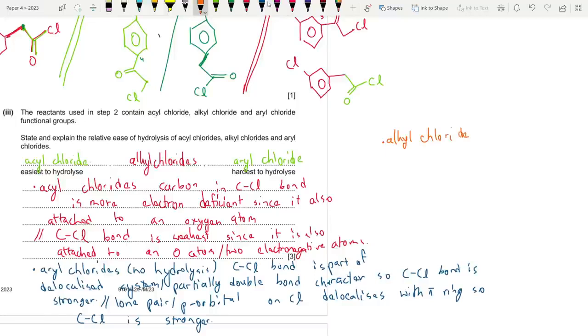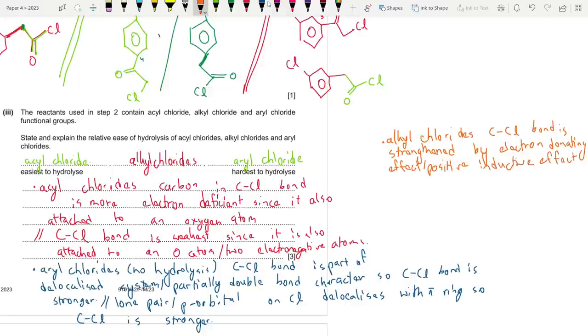So in the alkyl chloride, the C-Cl bond is strengthened by the positive inductive effect, the electron donating effect, of the alkyl or R group, compared to acyl chlorides, of course.